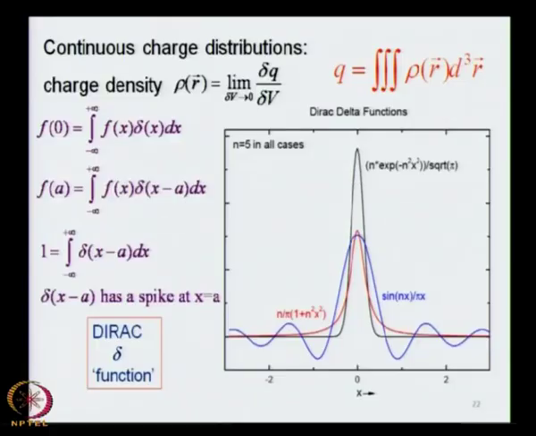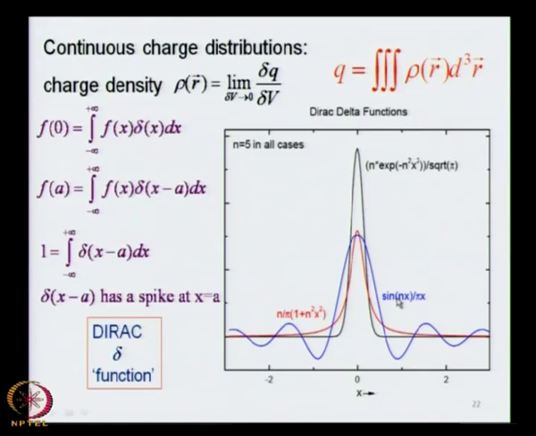I do not know if Jobin remembers this, but he has drawn these pictures for me of the Dirac delta function; there are different representations. It is not just the rectangle, that is one of the representations, there are many other representations like this n over pi times 1 over 1 plus n square x square, which is given by this red curve.